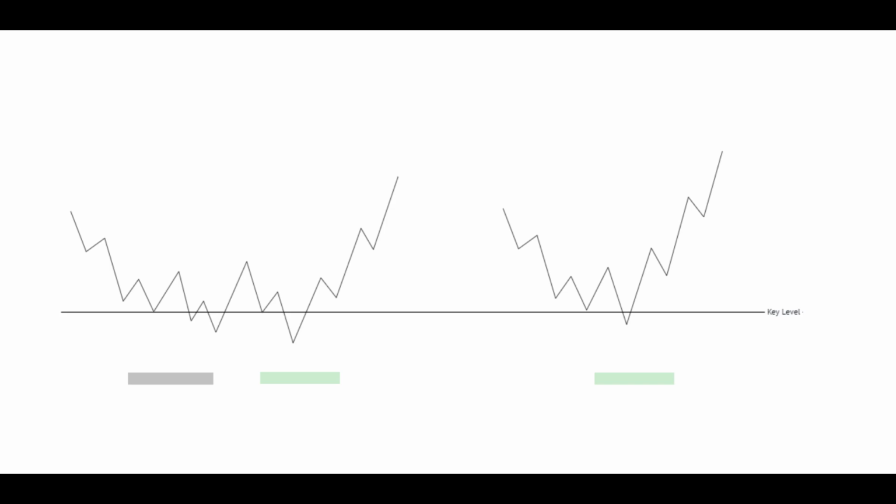Now we know that for EURUSD, the Asian session isn't a key time, and at that time, price usually consolidates and doesn't form anything significant, right? Right here, you can see that price came down below and tested the key level and had a turtle soup inside this gray area or this gray time.